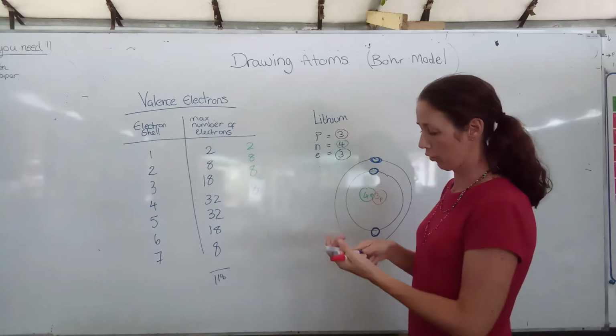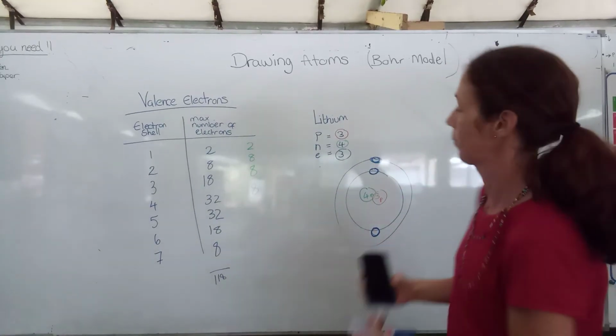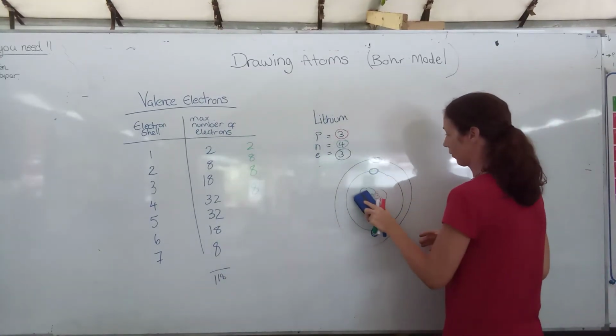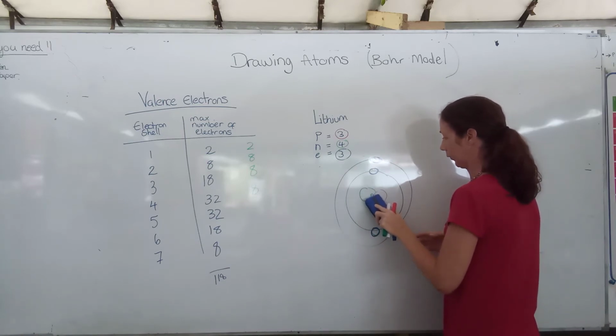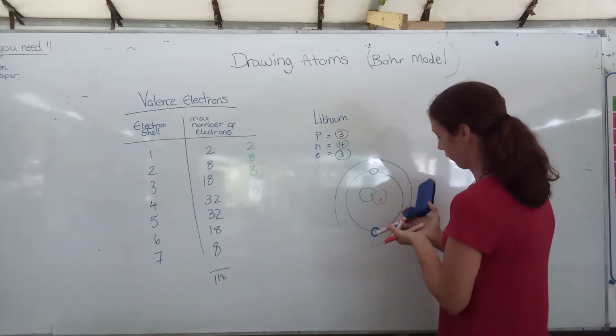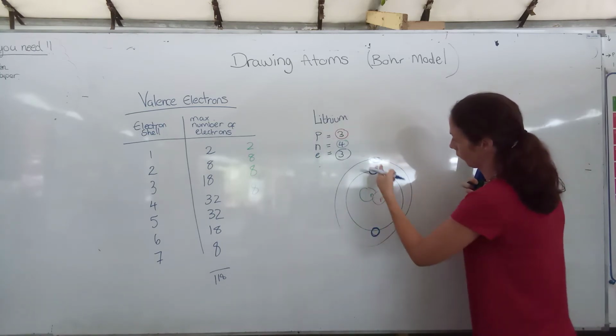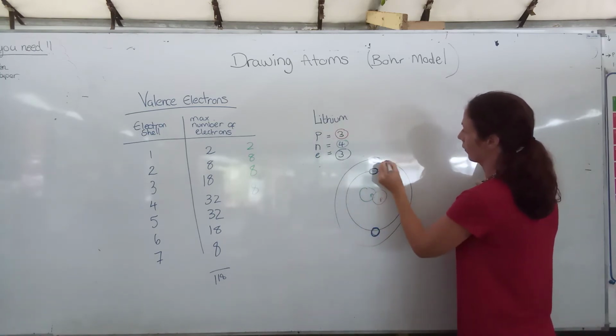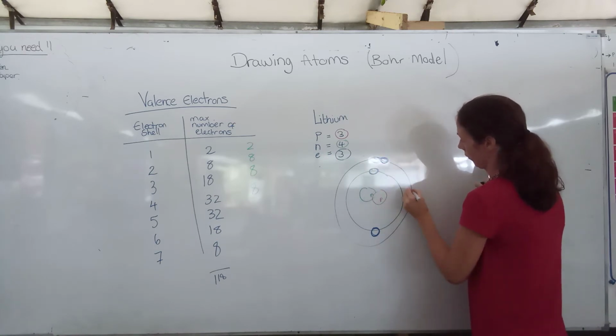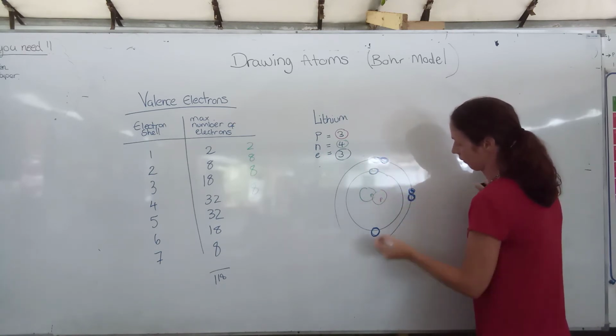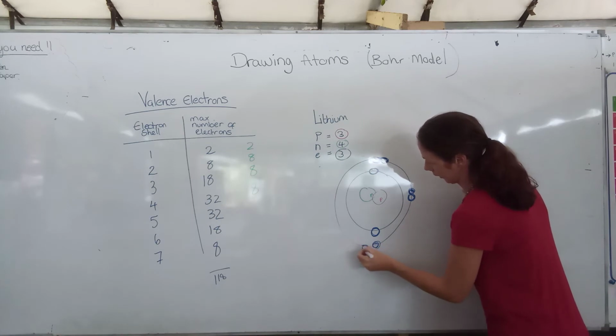Okay? So look, I'll give you an example. We'll get rid of the numbers here. Okay? What if I draw lots of electrons on here? So I've got 1, 2. Now out here on this outer one, we've got 1, 2, 3, 4, 5, 6, 7, 8, 9, 10.